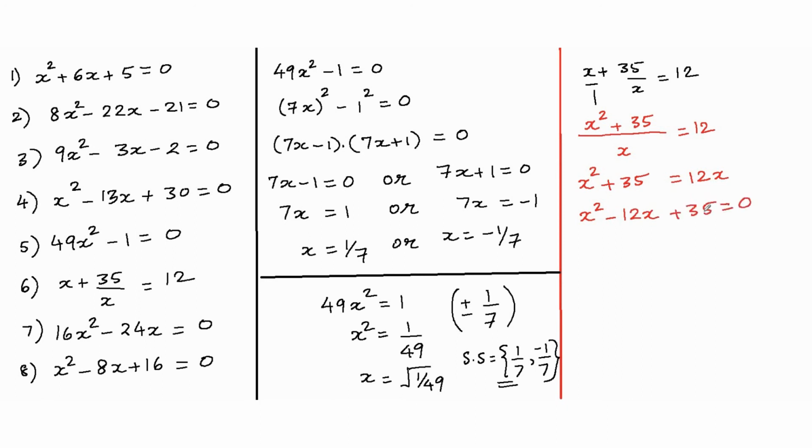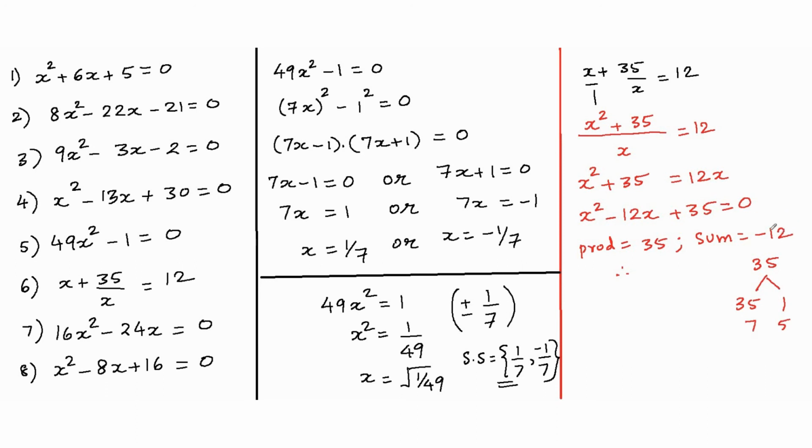So now this has been written in the nice standard form, and therefore the product is going to be 1 into 35, that's 35, and the sum is going to be negative 12, right? Therefore, let us now find two numbers with product of 35 and sum of 12. Let's split 35, can be either 35 ones are, or it can also be 7 fives are.